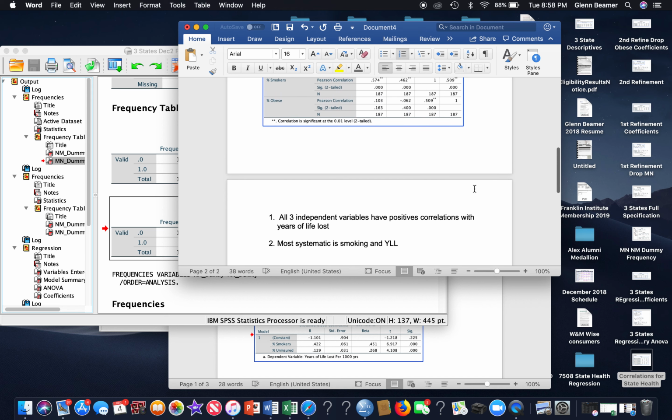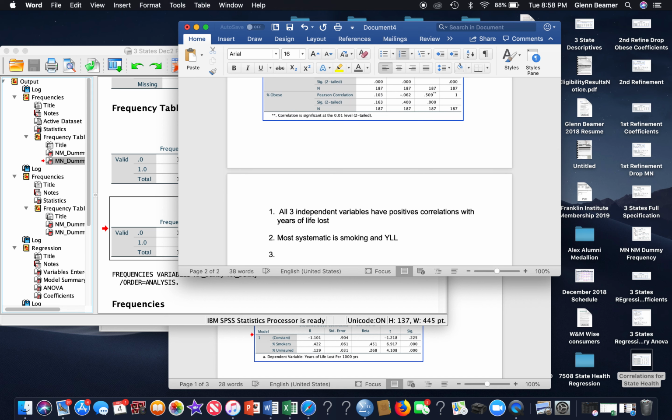Yes, it is. And the not systematic, i.e. low correlation, is obesity and years of life lost. So that's where we'll start with that.